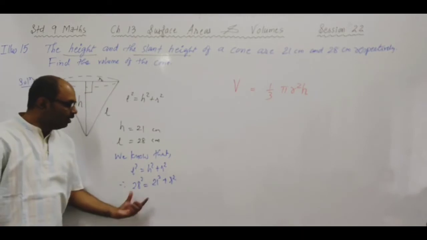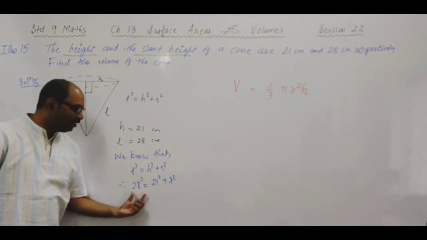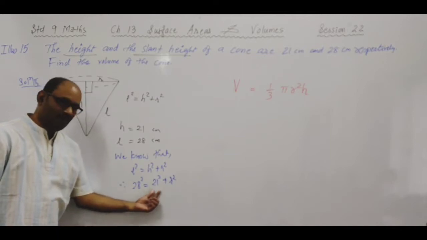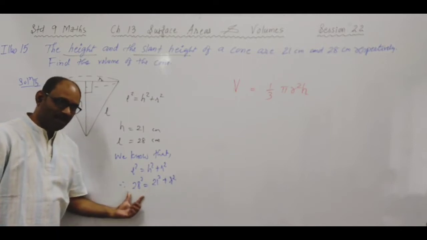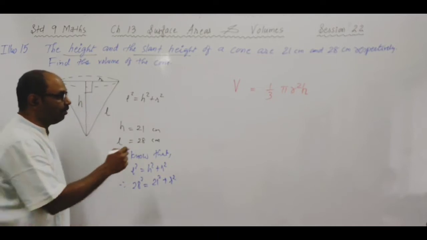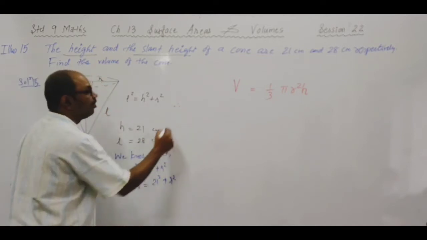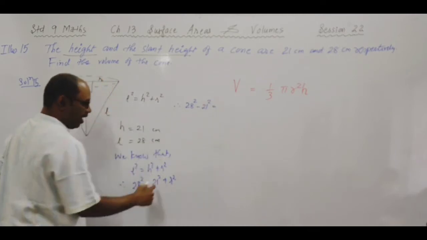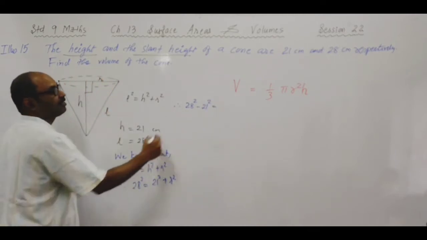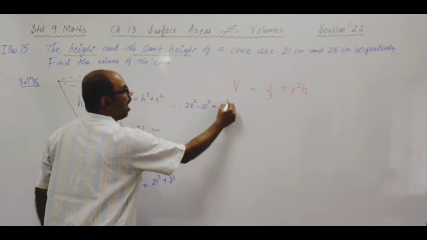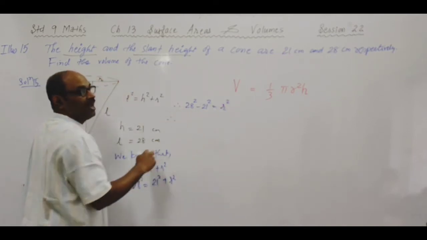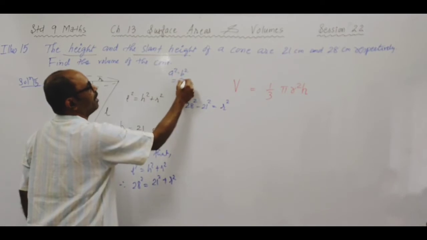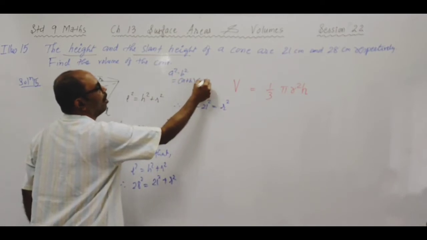Children, here I'm not going to multiply 28 with 28 and then 21 with 21 and then subtract. I'm going to use some other process. And what is that? 28 square minus 21 square, taking 21 square to the other side, is equal to r square. This factorization, a square minus b square is a plus b into a minus b.